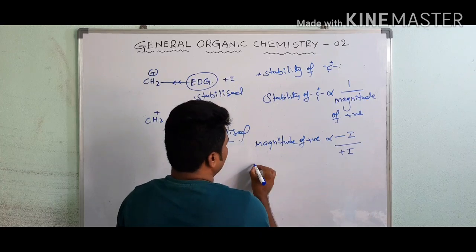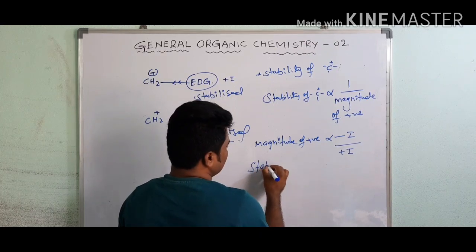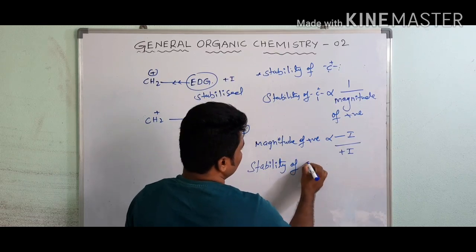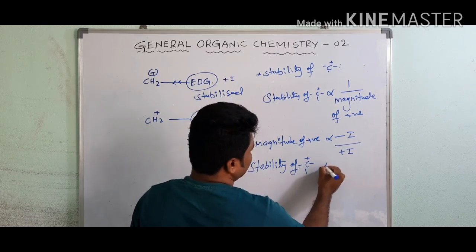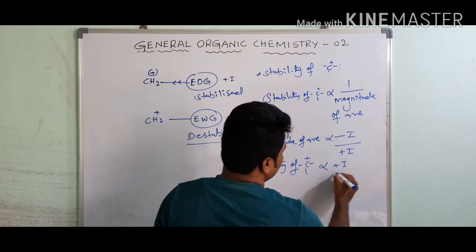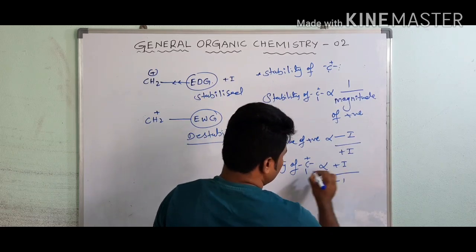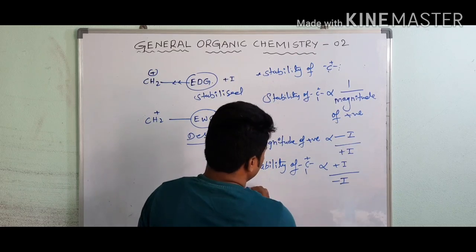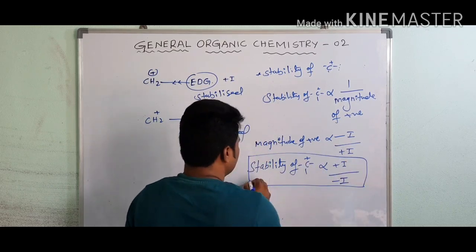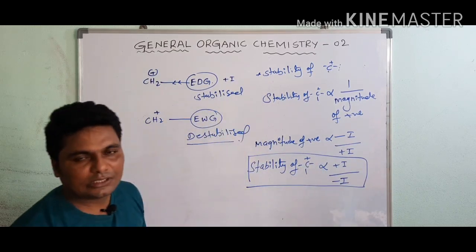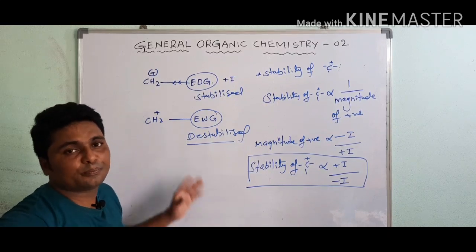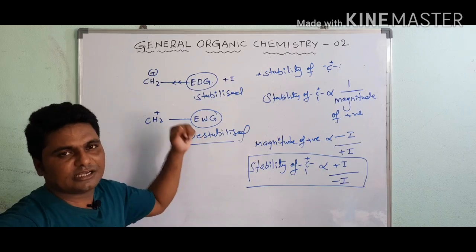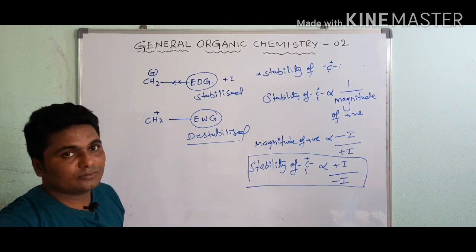So finally you can conclude that the stability of carbocation is directly proportional to plus I and inversely proportional to minus I. This is the statement, and based on this concept we will solve some questions from previous year papers, from JEE Mains, NEET and JEE Advanced also. Write down.